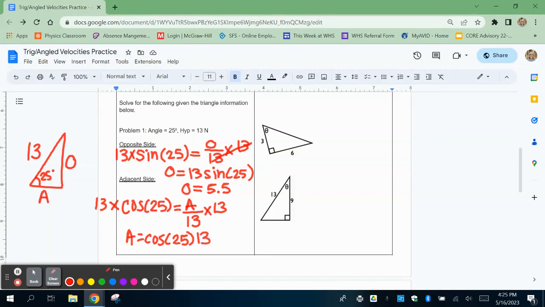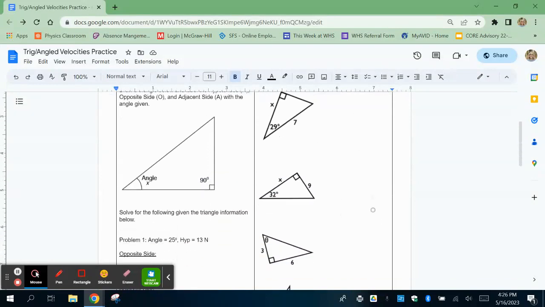You can type that into a calculator, cosine of 25, and you get 11.78. Okay, let's look at one more example where you're solving for the angle, and then you'll have a chance to practice some on your own.